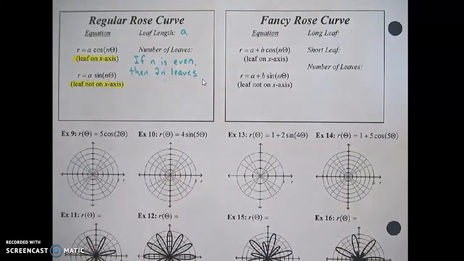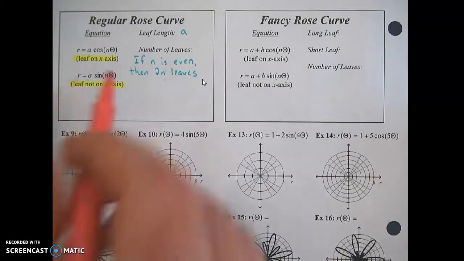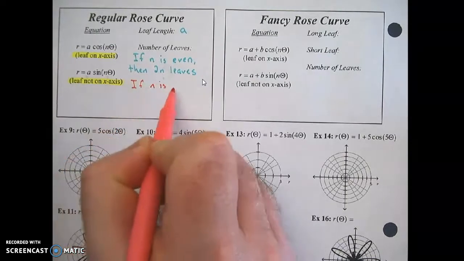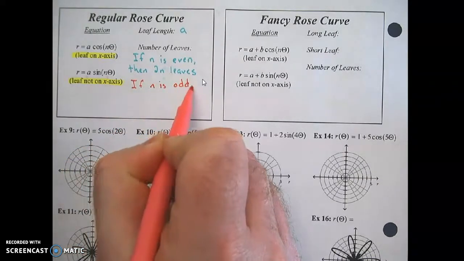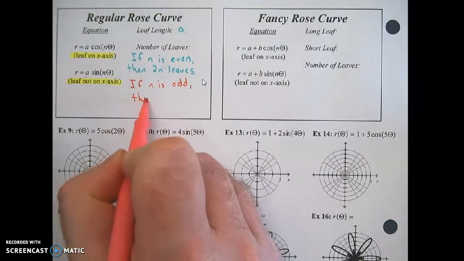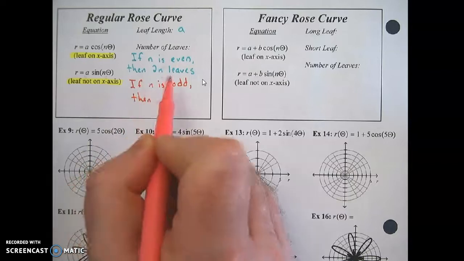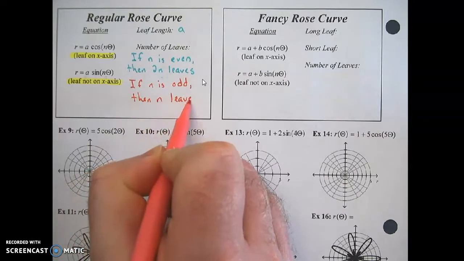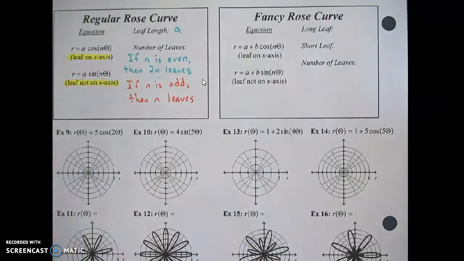I'm going to change colors. If n is odd, comma, then how many leaves? Well, if n is odd, there's n leaves. And I'm going to write a little note just to remind ourselves that it's not quite true the way we said it.